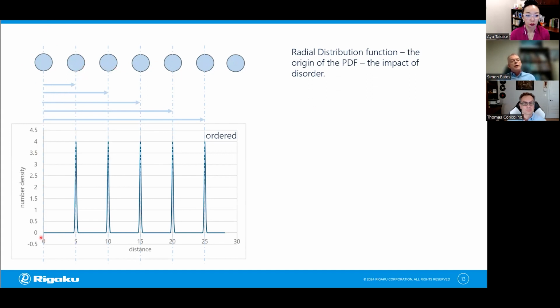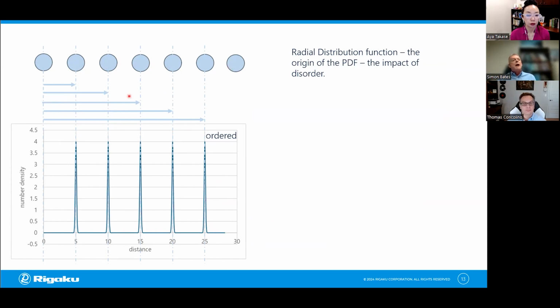But essentially, what you'll find is, as a function of distance on the x-axis, every so often you'll have a well-defined peak where the nearest neighbor, next nearest neighbor, and so on, occurs within that particular structure or lattice. So this could represent a very ordered material, with well-defined atomic positions in a very reproducible lattice.